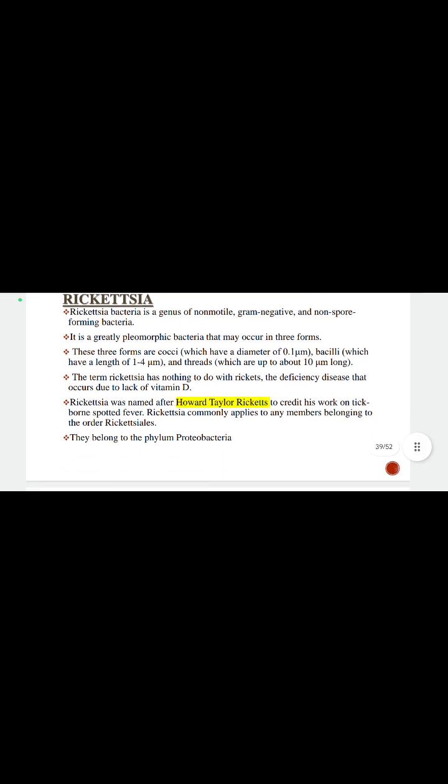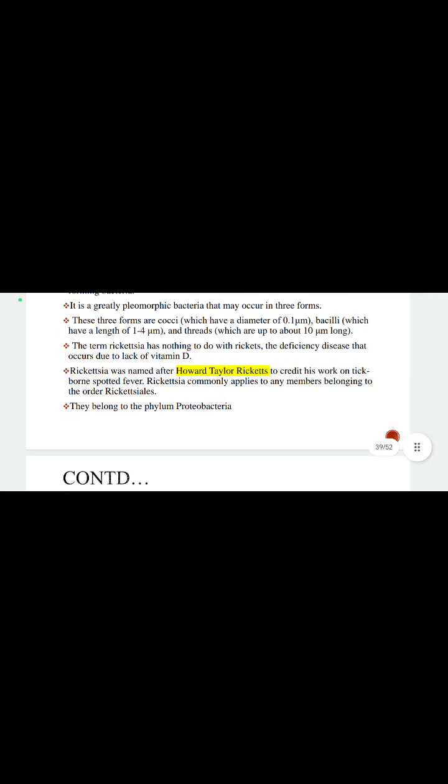Rickettsia was named after Howard Taylor Ricketts to credit his work on tick-borne spotted fever. Rickettsia commonly applies to any members belonging to the order Rickettsiales. They belong to the phylum Proteobacteria, for example, Pseudomonas.